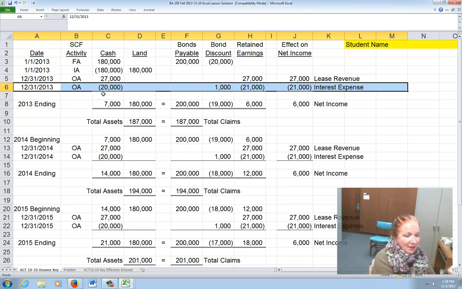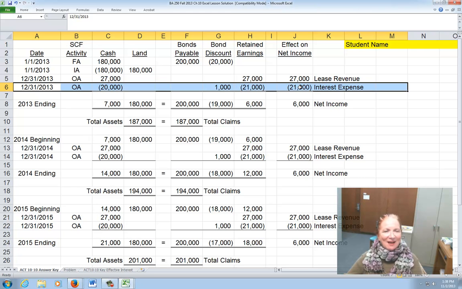So 10% of $200,000 is $20,000 that we have to pay on these bonds. We also have to amortize that discount, straight line, $20,000 and 20-year bond, so $1,000 a year. So now the retained earnings is going to go down by $21,000, and the interest expense is going to go down by $21,000.